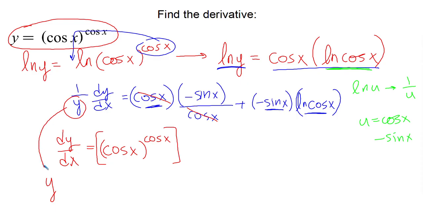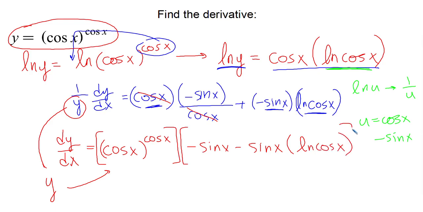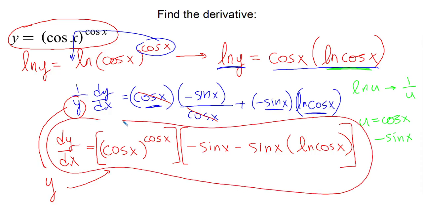That's this y. Just became cosine x to the cosine x. And then next to it, we've got negative sine x minus sine of x times natural log of the cosine of x. And that should be our final answer for the second problem.